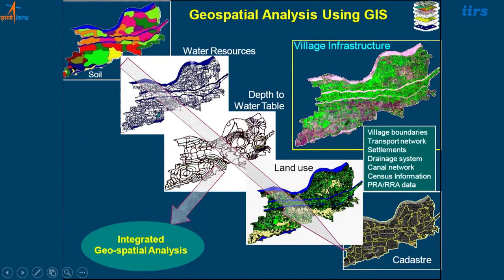Now, one example using GIS: I have the soil map, some water resources boundaries, a depth to water table map, the land use map, cadastral boundaries, and village infrastructure. Out of these we can perform an integrated geospatial analysis, and a planning map can be created.